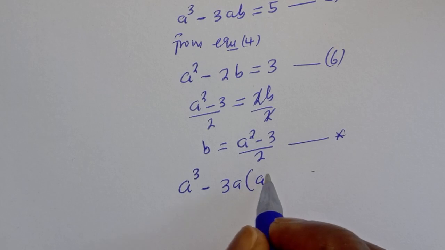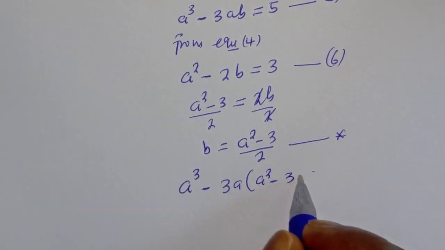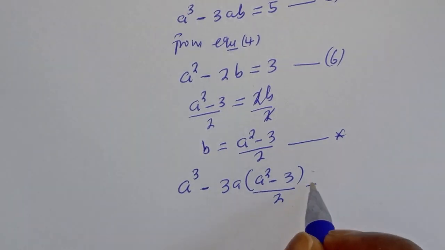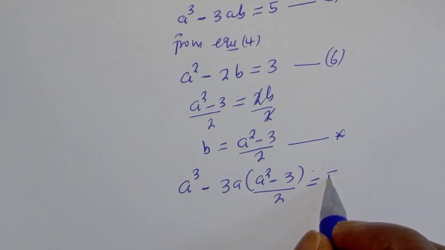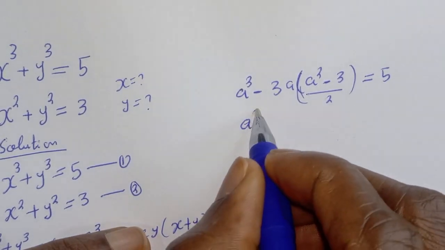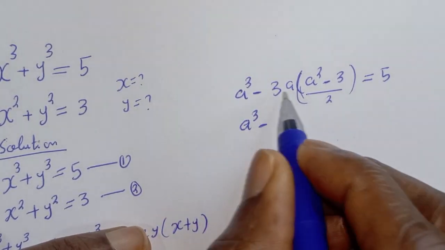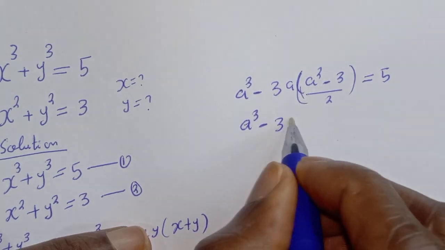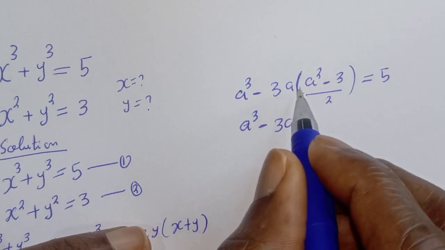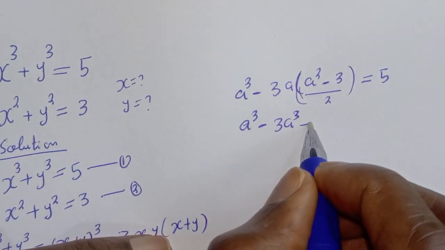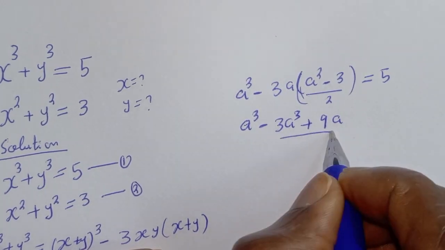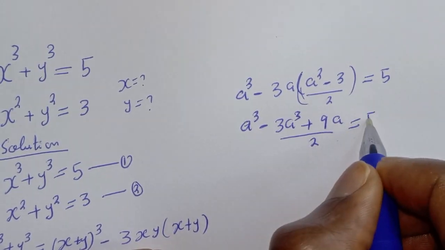(A squared minus 3) over 2, then is equal to 5. And this is A raised to power 3 minus 3A times A squared, that is 3A raised to power 3, then minus 3A times minus 3, that is plus 9A, over 2 is equal to 5.